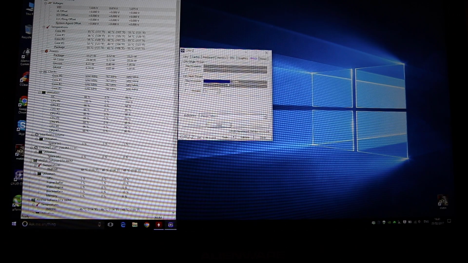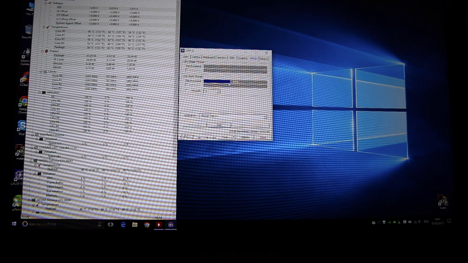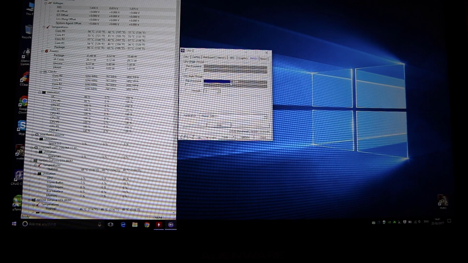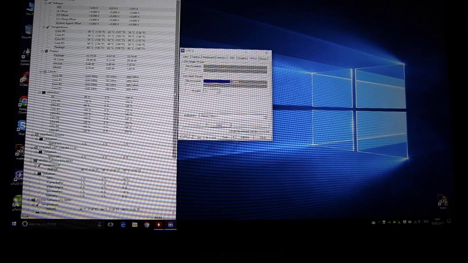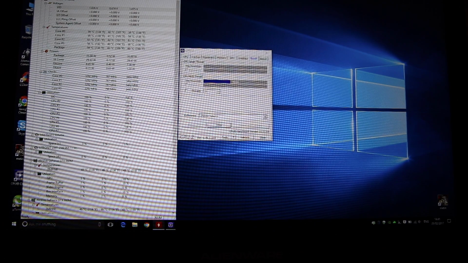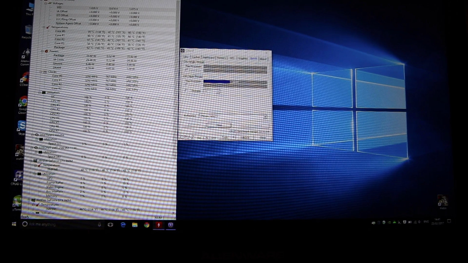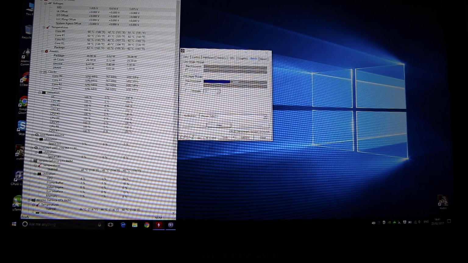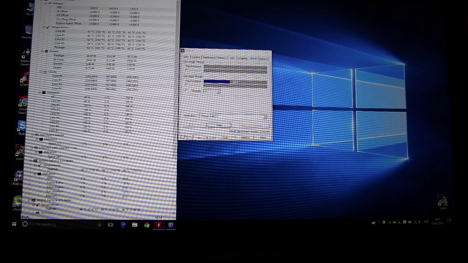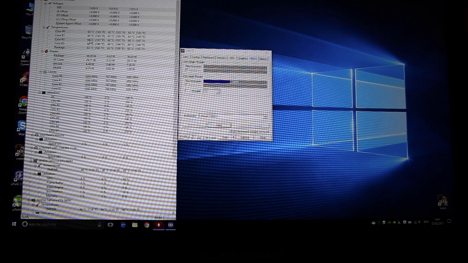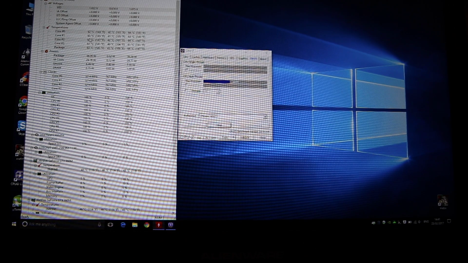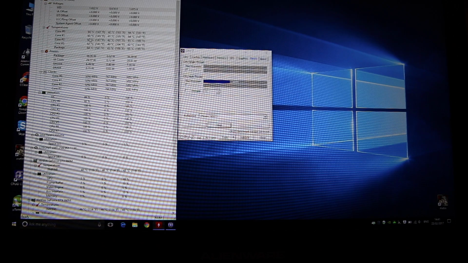You can see we have 6,300, 6,200 points. That means the processing power is lower than the MacBook. It's the same generation, 2 years old. So all the clocks are loaded. We have 3.292 and the temperature is 60 degrees, 62 degrees. Let's see how this will manage the heat.